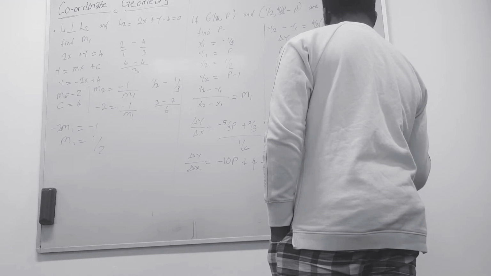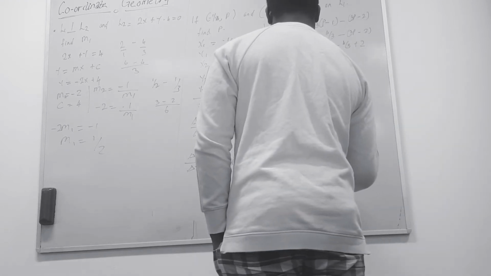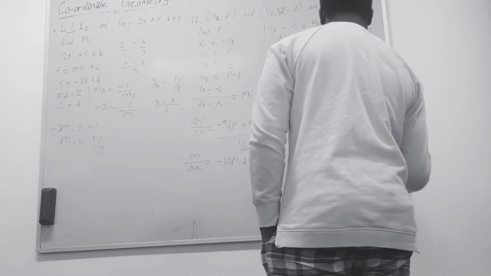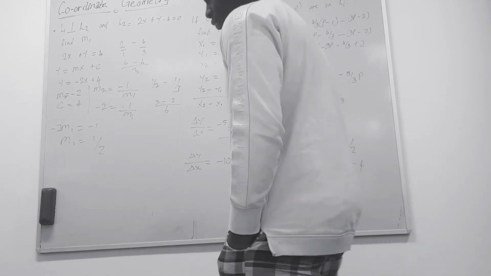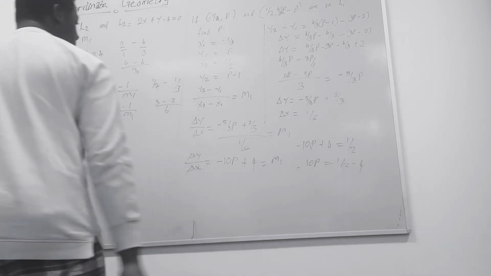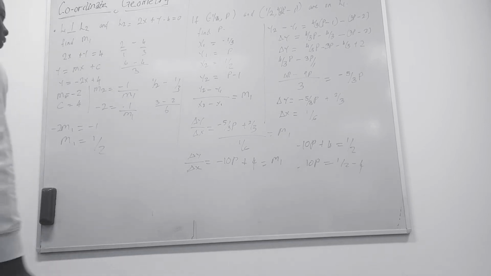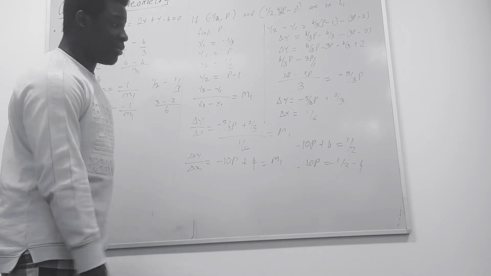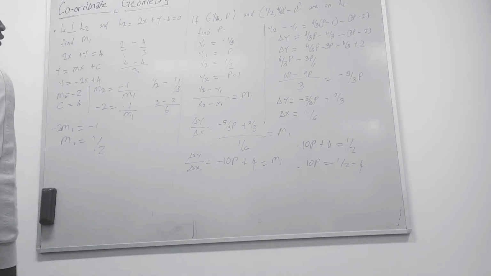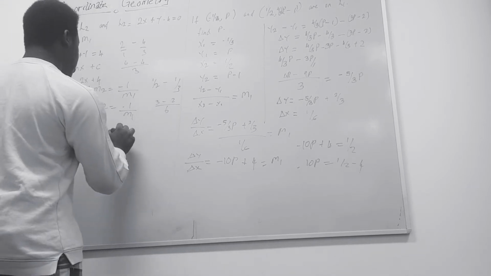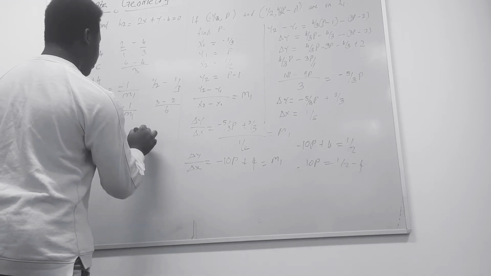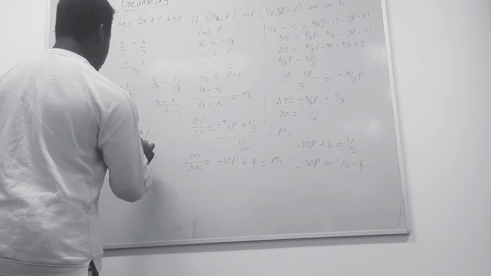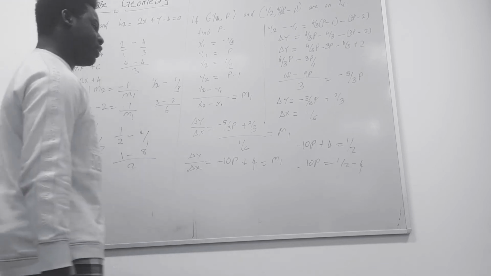M1 is a half. So minus 10P is equal to a half minus 4. That'll be minus 3.5, but let me just do it more explicitly. So 1/2 minus 4 is 1 minus 8 over 2, that's minus 7 divided by 2.